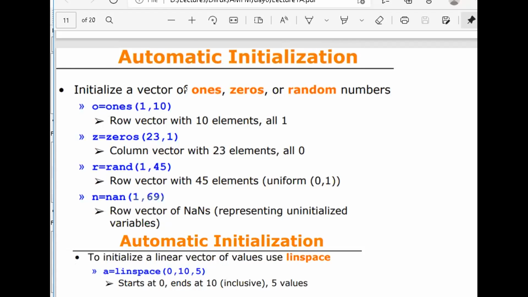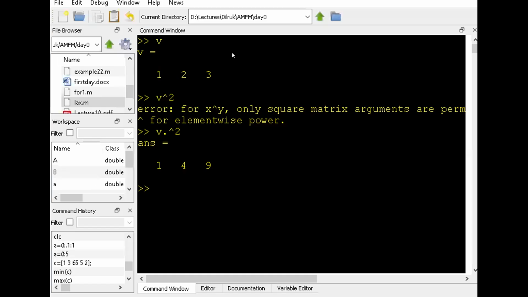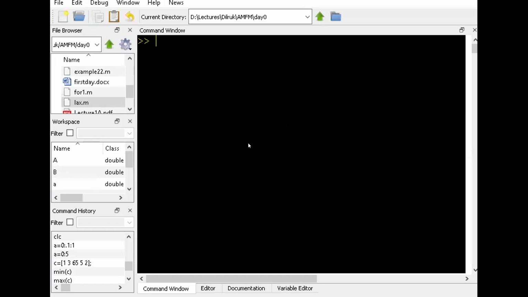So you can initialize. Let's clear the screen. Let's define another matrix, say C. I want to fill this matrix with ones or zeros, right?